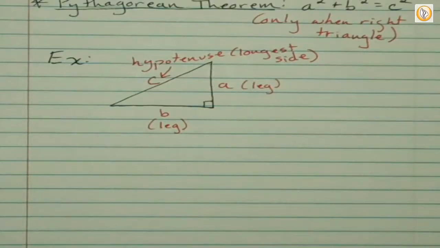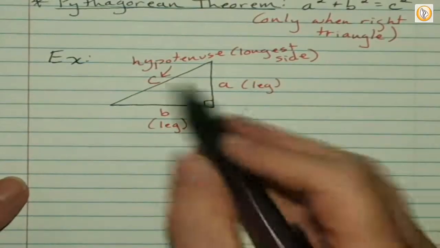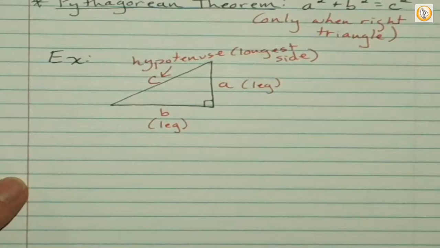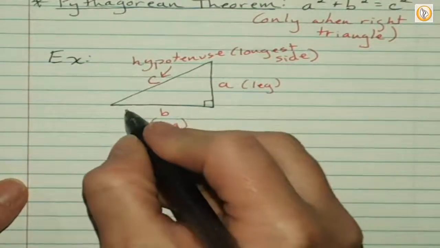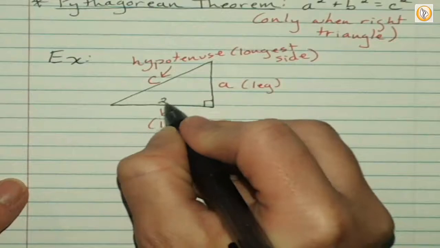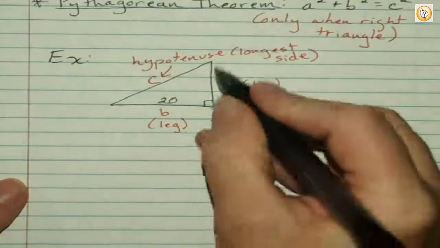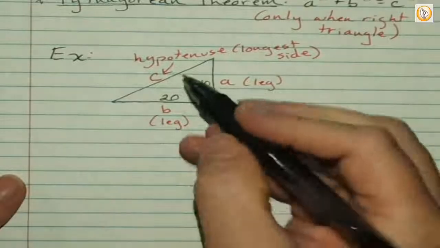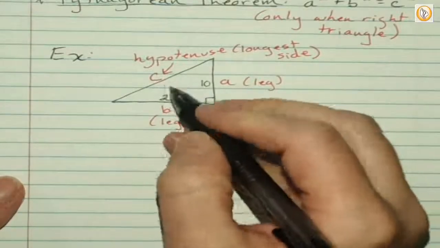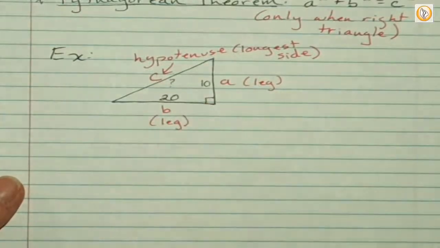Got it? Okay. Now, let's use the same triangle, and let's say the measurement for this leg is 20. I'm going to put it on the inside. And the measurement for this leg is 10. And we don't know what the hypotenuse is, so we're going to have to figure it out.